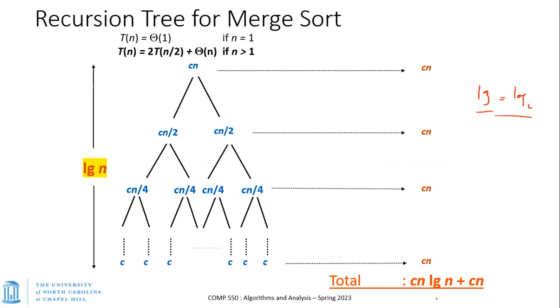For that matter, we could use a different log as well, if you want to express it in asymptotic notation. But now you can see that the height of this tree is something which depends on n.